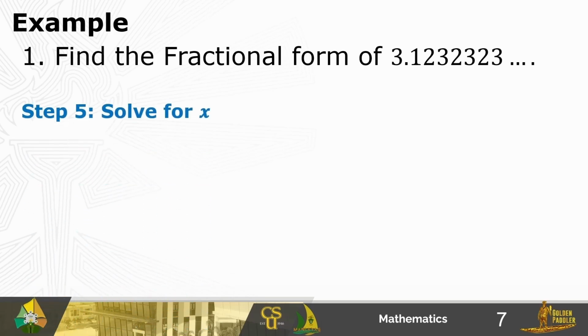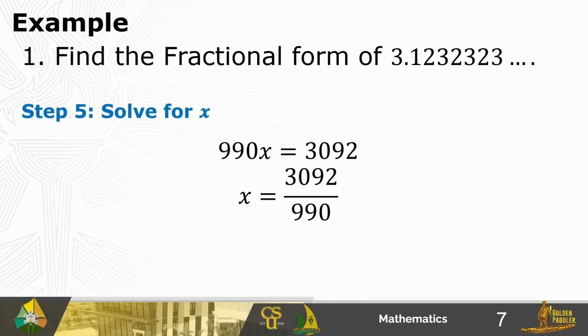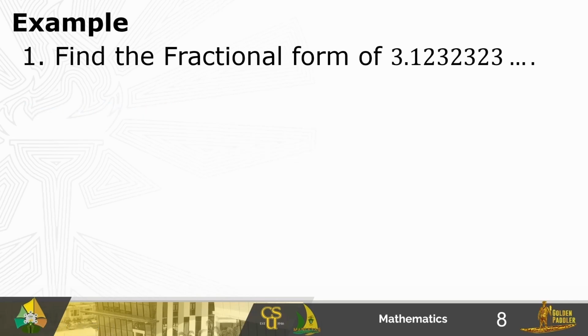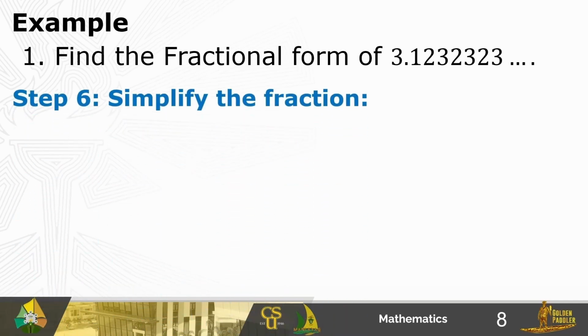Then let's move to step number 5, where we solve for the value of x. We have 990x equal to 3092, so we divide both sides by 990. 990x divided by 990 is just x, and 3092 divided by 990 is 3092 over 990. For step number 6, we simplify the fraction.